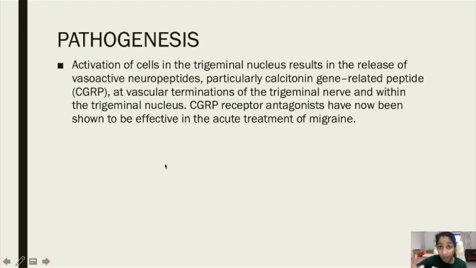So that will cause the pain, right? An antagonist means opposite of this receptor, so it will be effective in acute treatment of migraine. So when this goes through this pathway, activation of the cells in the trigeminal nucleus will secrete neuropeptides, that is the CGRP.